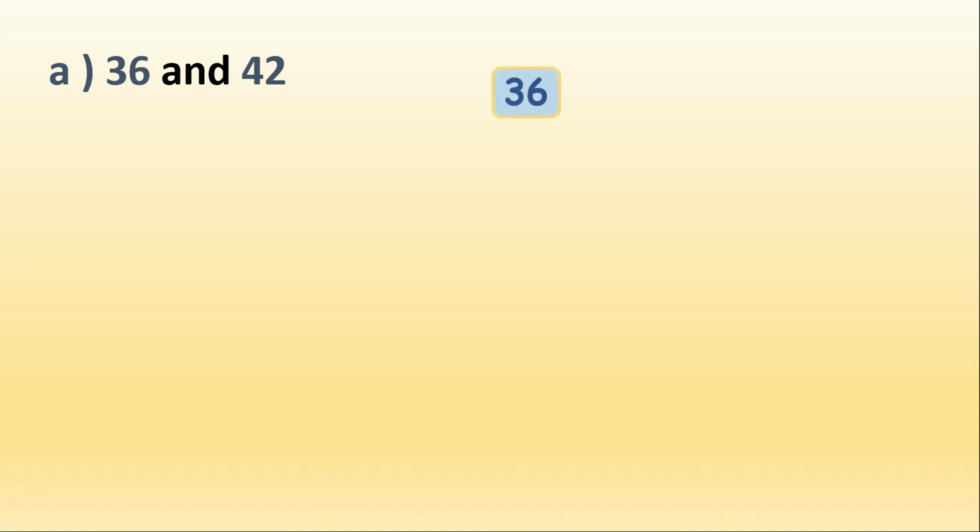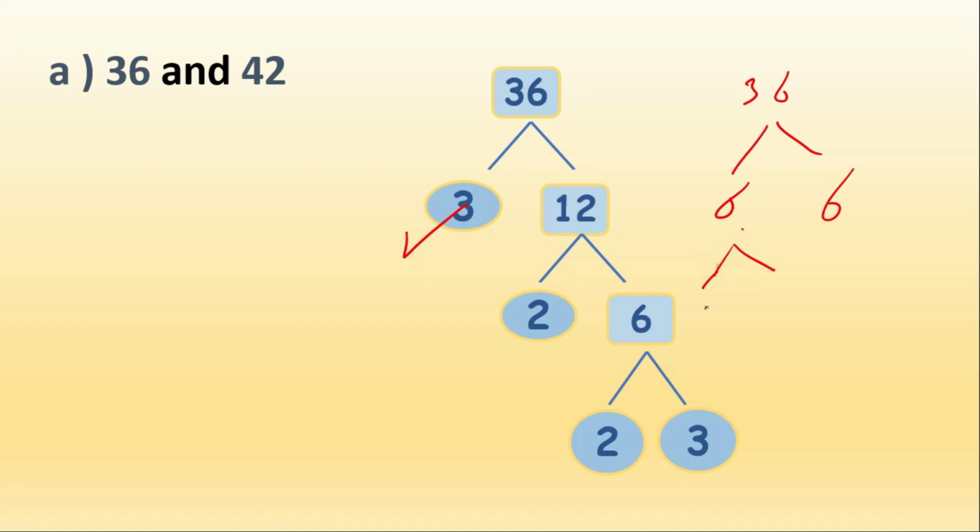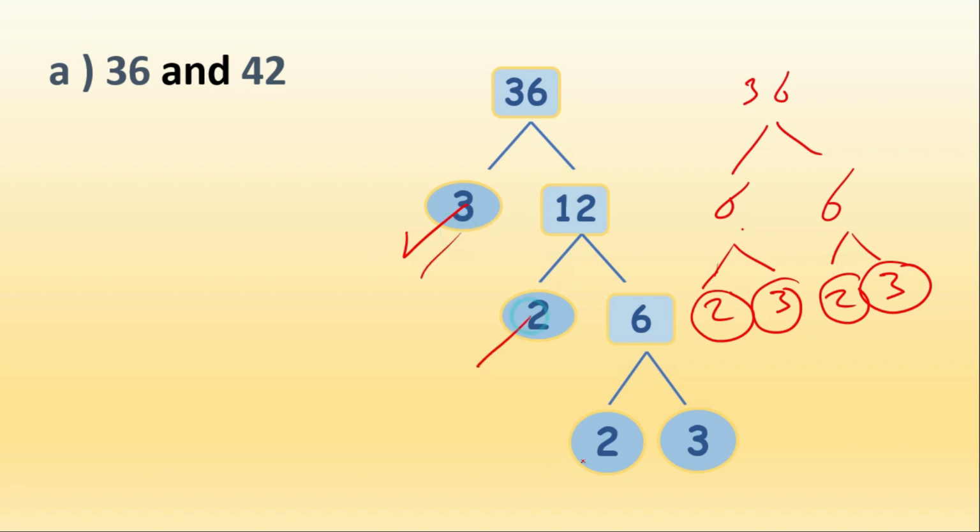Factorize 36 as any product, 3 times 12 or 6 times 6, whatever. 3 is a prime, 12 is a composite. Factorize 12 to be 2 times 6 or 3 times 4, whatever; it will give you the same answer at the end. If we factorize 36 as 6 times 6, 6 is a composite, factorize it to 2 times 3, and again 2 times 3.